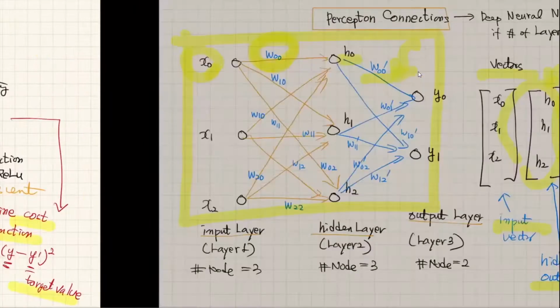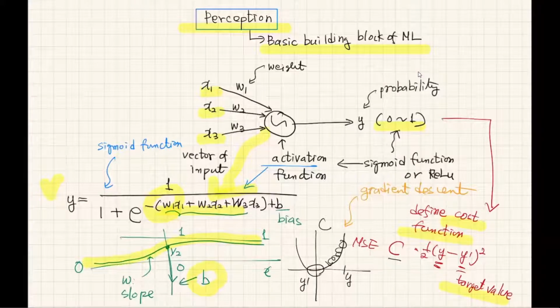Let me review again up to this point of the class. The perceptron is the basic building block of machine learning and deep neural networks. It has an input vector, weights, and an activation function. Usually we use the sigmoid activation function, and later we will talk about many different types of activation functions, probably next week.